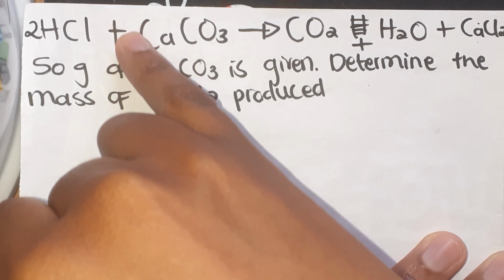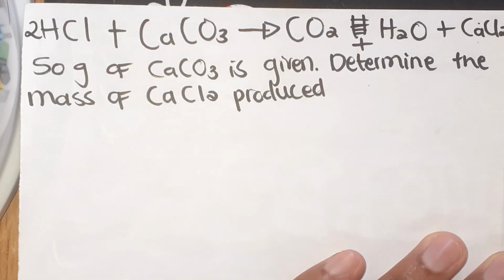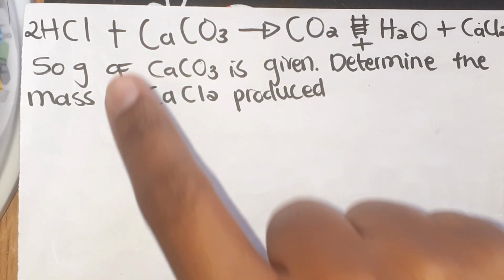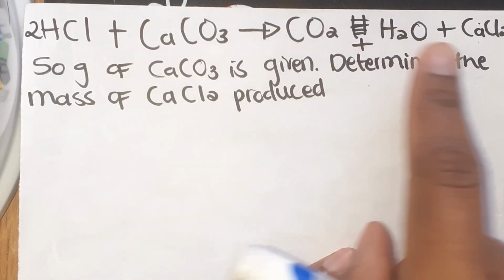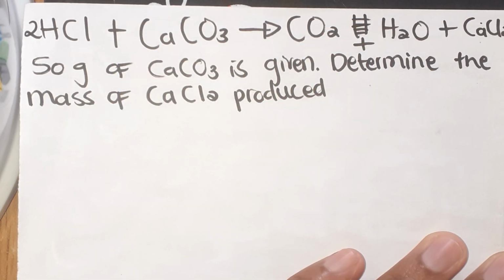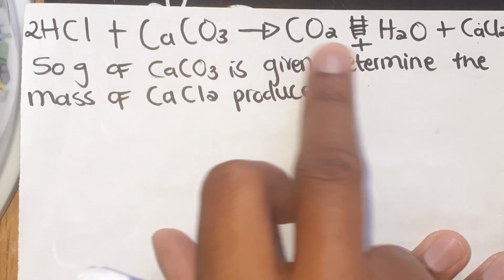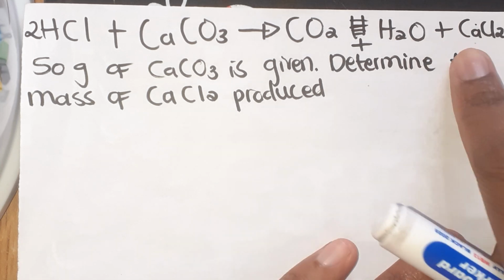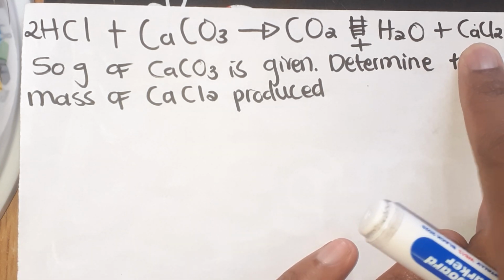The stoichiometry coefficient is the number that comes before an element. That is a stoichiometry coefficient. So we're trying to solve that, and we are going to be using those later on to find the mass of this.